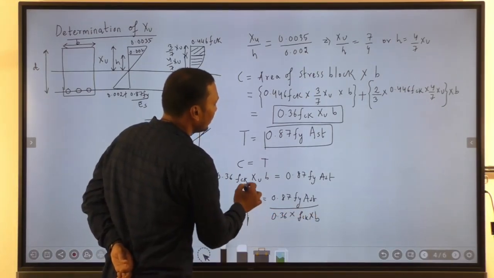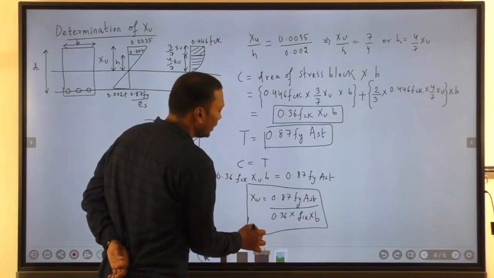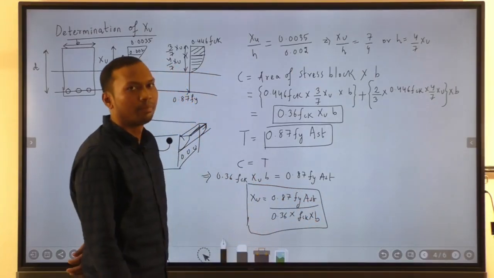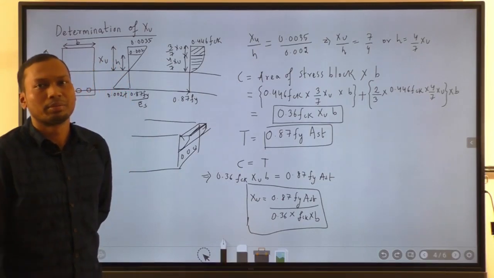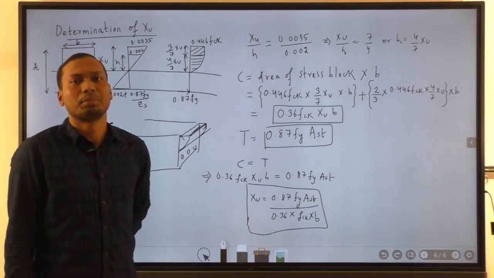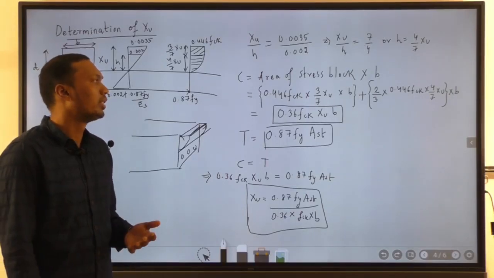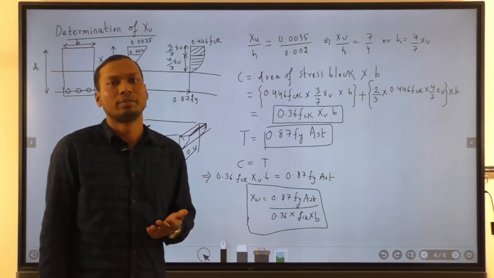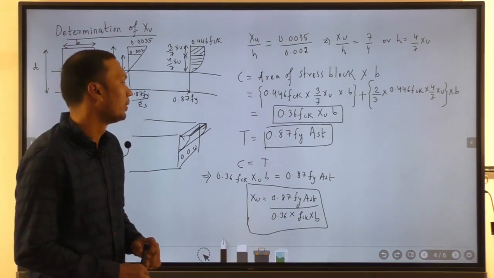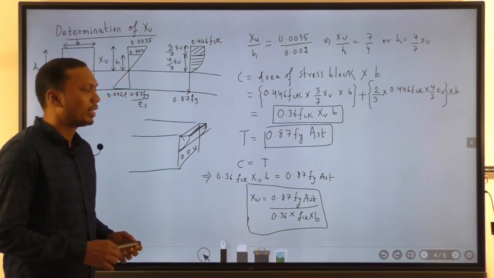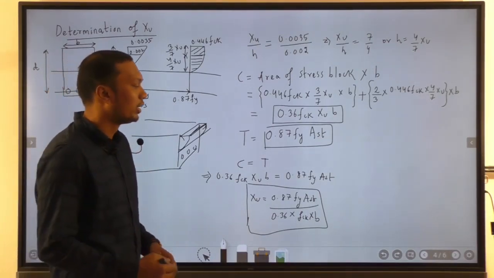With the help of this equation we can determine the actual depth of the neutral axis. After getting the actual depth of neutral axis and the balancing depth of neutral axis, we can compare both of these and know whether the section is a balanced section, under reinforced section or over reinforced section. In the next part of the analysis, we will determine the lever arm.